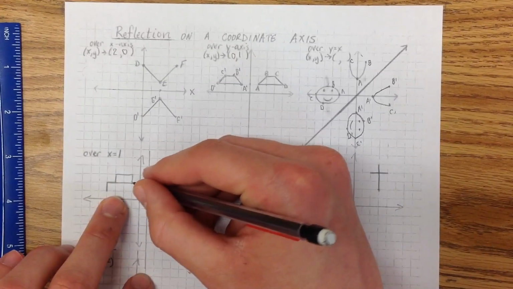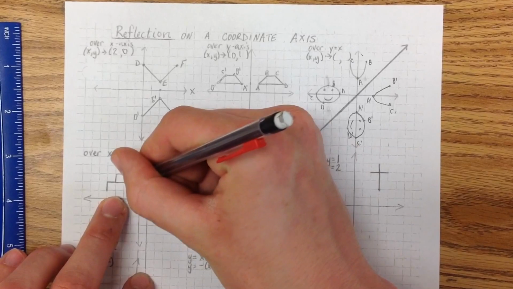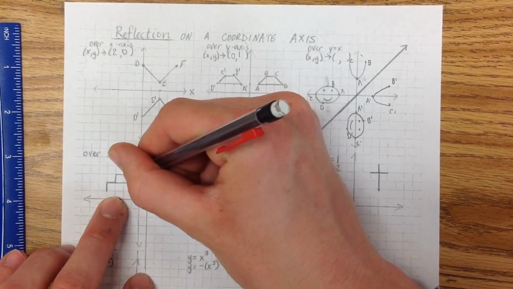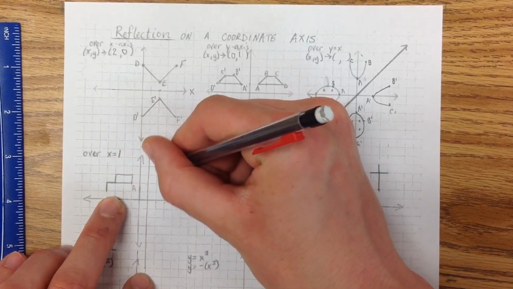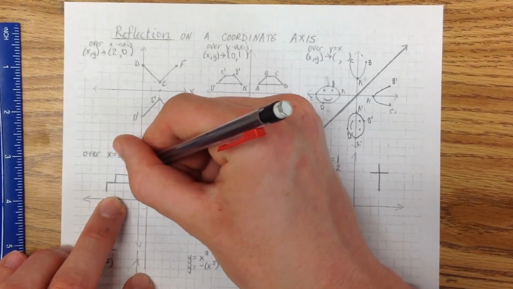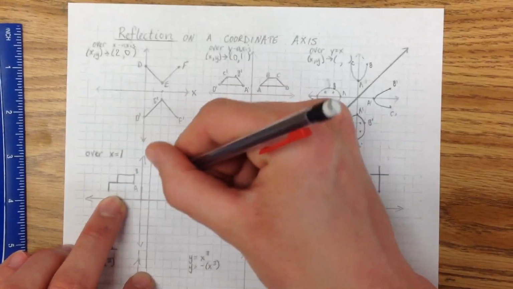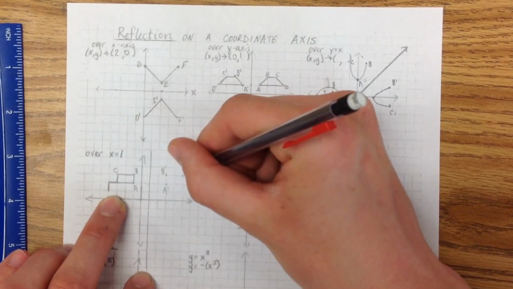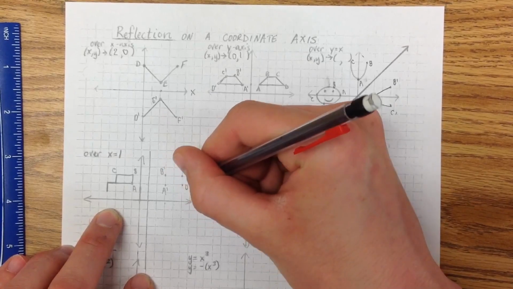So how far away is this from here? It's 2 away. So mark that as A prime. B is also 2 away, so call it B prime. C is going to be 1, 2, 3, 4 away. Call that C, so this is C prime. D would be here.